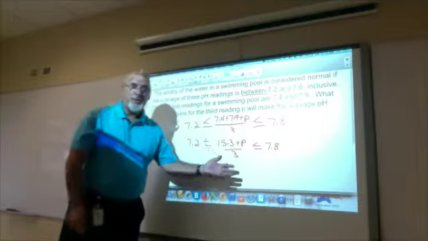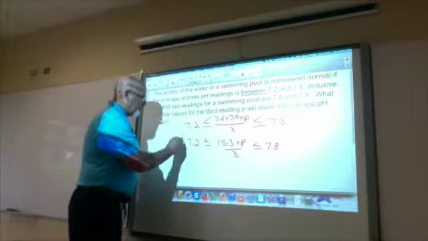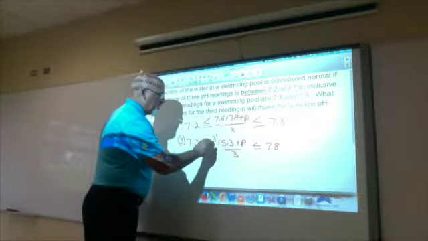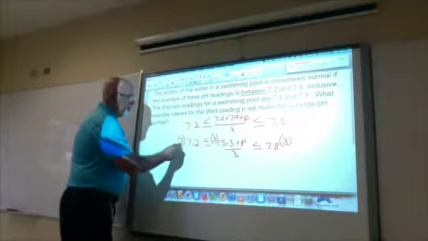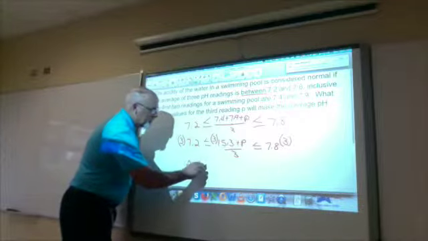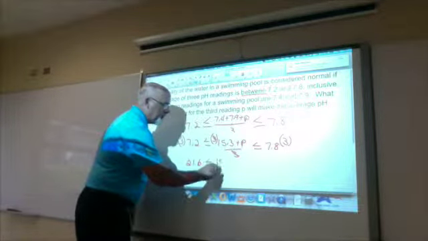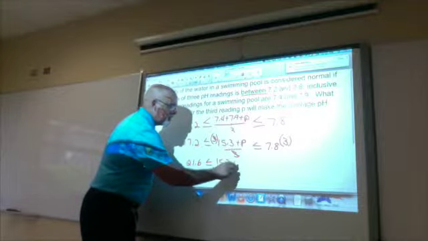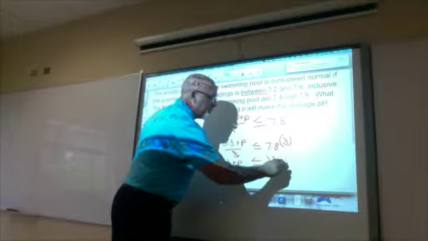Now we've got to get rid of that 3 that's on the bottom here, so we multiply all sides by 3. Three times 7.2 is 21.6. It's less than or equal to. These cancel each other out, and we're left with 15.3 plus P is less than or equal to 23.4.